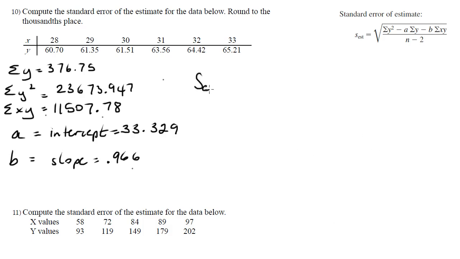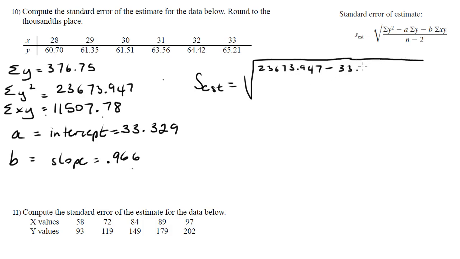The standard error of the estimate is going to be the square root of the sum of the y squareds, 23673.947, minus A, 33.329, times the sum of y, 376.75.